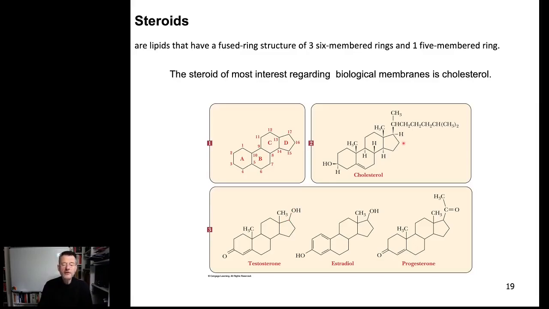You might know, at least by name, not by the structure, but I think you probably have heard of the word cholesterol. You might know testosterone and progesterone and estradiol, three of the hormones associated with sexuality.